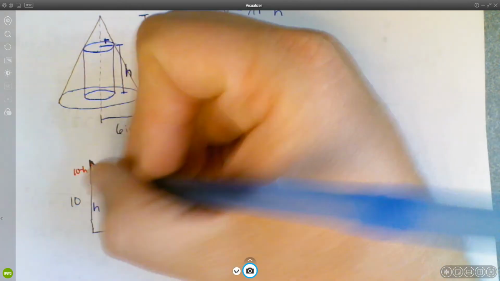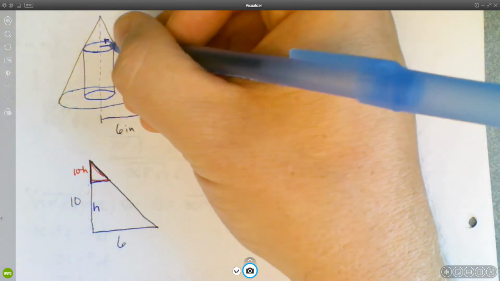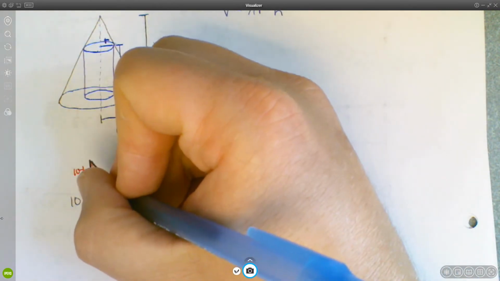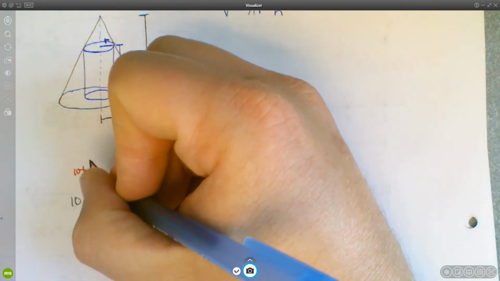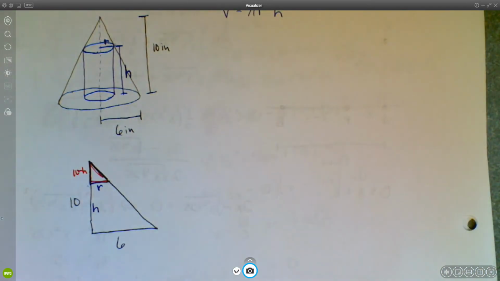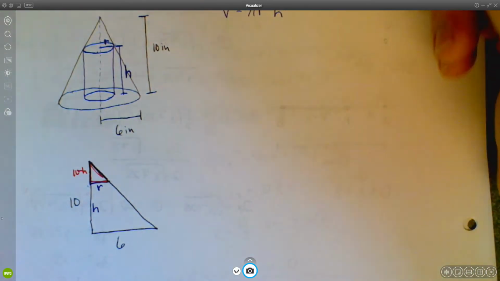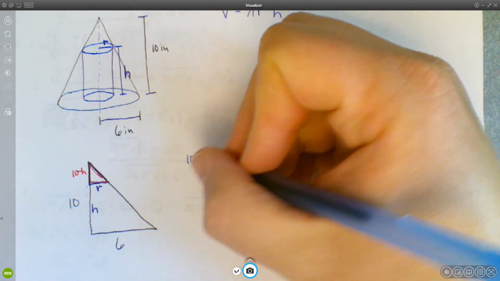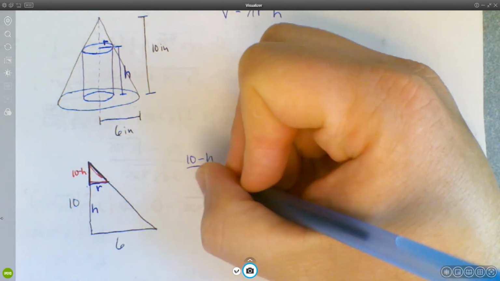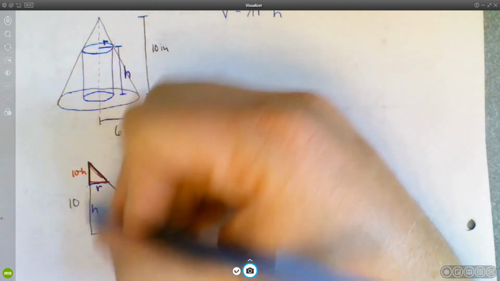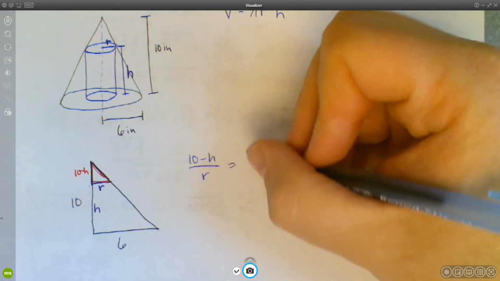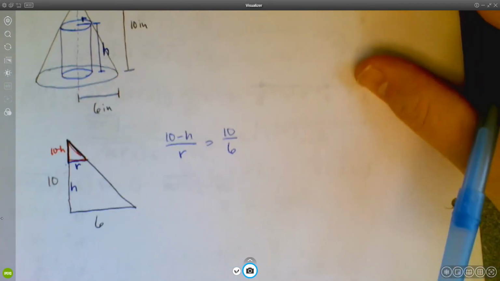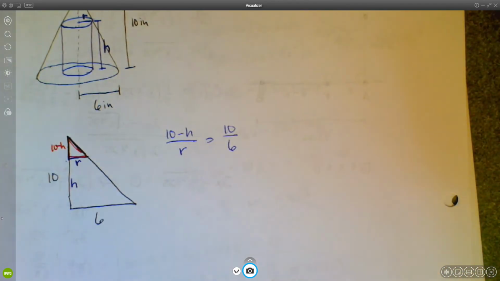The bottom of this little triangle is the top of the cylinder. It's the radius of the cylinder, I guess I should be saying. So that's the radius. Okay, so using similar triangles, I can say 10 minus h is to r as 10 is to 6. Okay, and then I can use that to relate h and r together.